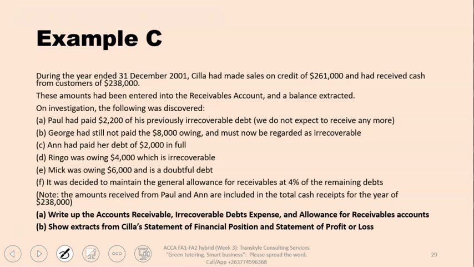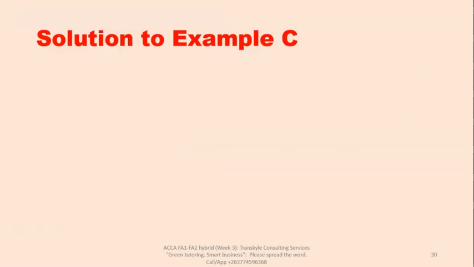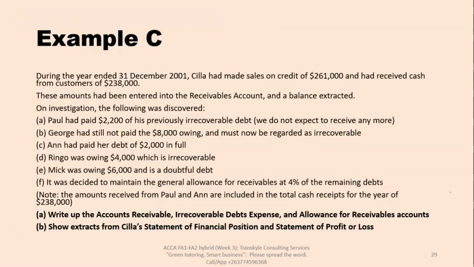So we simply do what we did before. The very first thing you can do is come up with some bit of working, because working is actually really good. Let's calculate the allowance here.